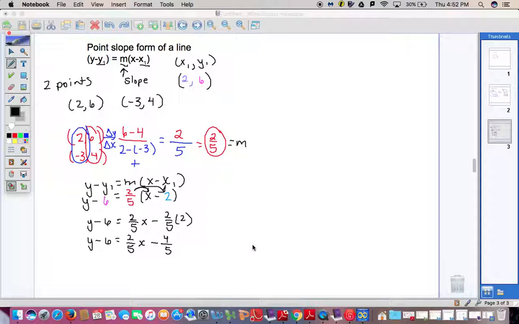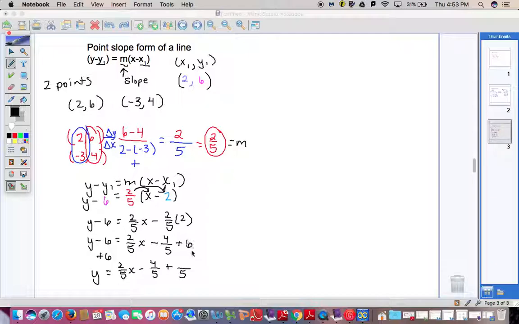Okay, now I'm not quite done because I have y minus 6 equals this, and I need y equals. So I have to get y by itself, and I do that by adding 6 to each side. So I have y equals 2/5 x minus 4/5 plus 6, because I'm adding it to the negative 4/5, written as a fraction with a common denominator of 5, right?